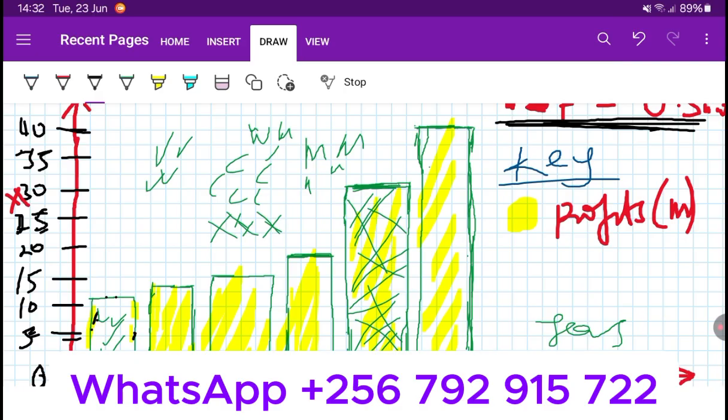So there has been an increasing trend in the profit of the bank for the 6 years they gave us, because these bars keep on increasing up to the last part. So it is always very important for you to know how you can describe the data.